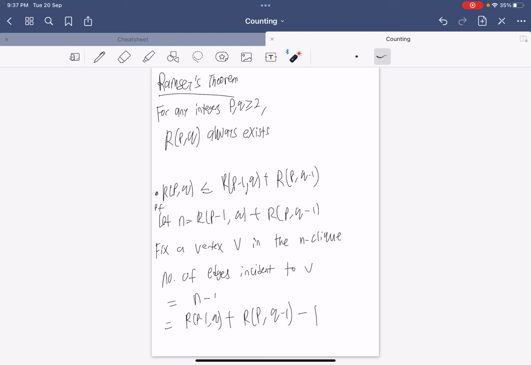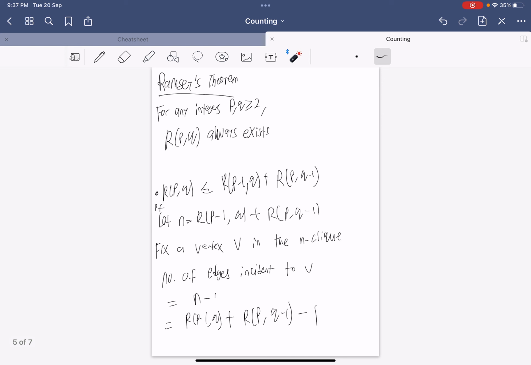What do I mean? Well, it means that R(P,Q) is always less than or equal to R(P-1,Q) plus R(P,Q-1). And let's just prove this to show the boundedness. The existence, like I said, you can search it online, and it's just proven using mathematical induction.